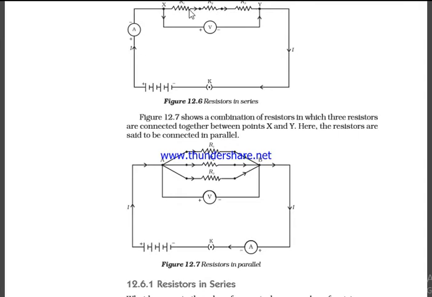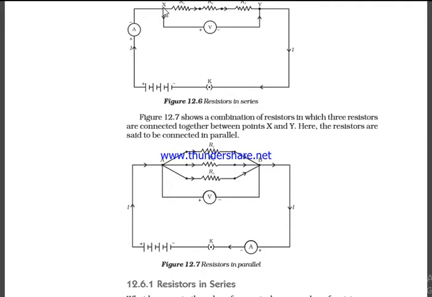One end of R1 is connected to X, and the other end of R1 is connected to R2, and the other end of R2 is connected to R3. In this way, all these resistors R1, R2 and R3 are connected end to end. This type of connection is known as series combination.